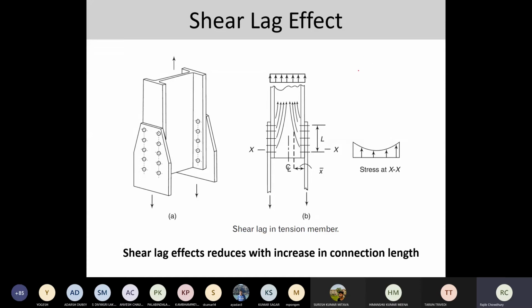For example, a tension member is connected with an angle section, with bolts. So it has one connected leg and one unconnected leg, but the angle is a single entity.